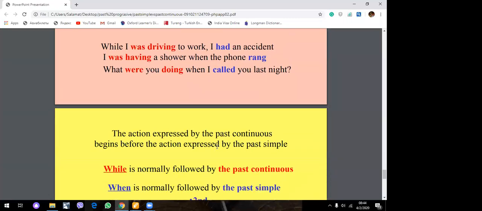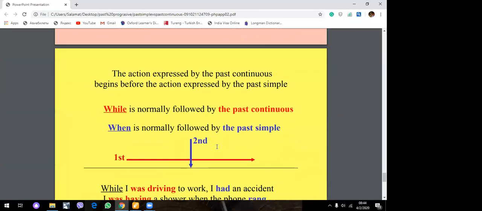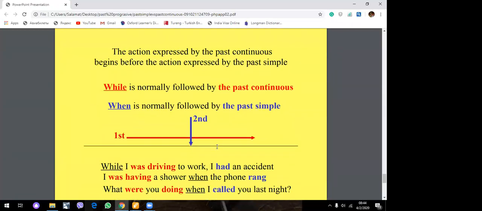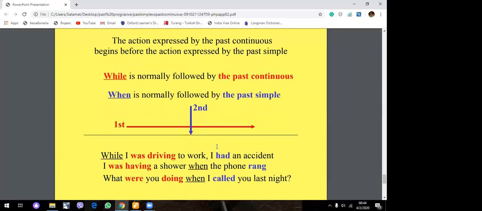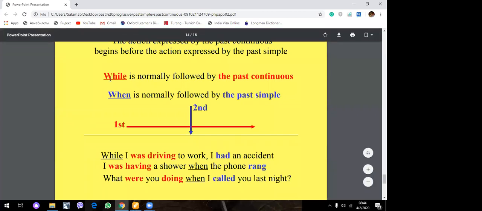Now, here it is. The action expressed by the past continuous begins before the action expressed by the simple tense. Okay, if we combine two tenses, we use while and when.